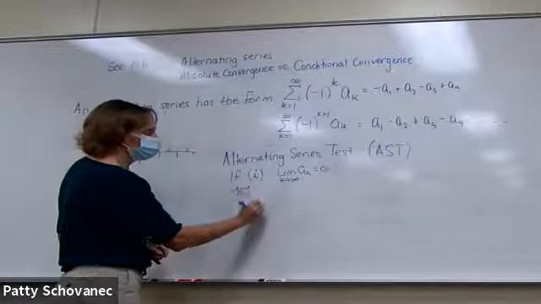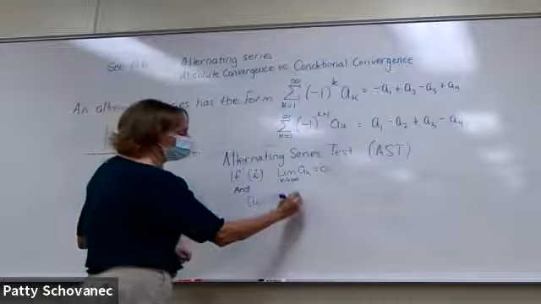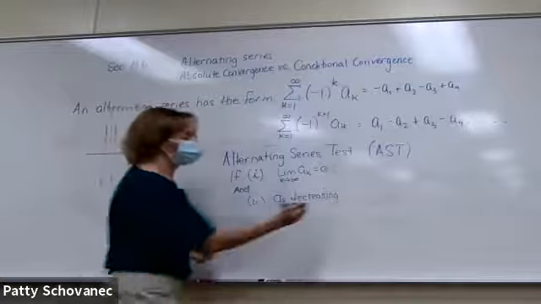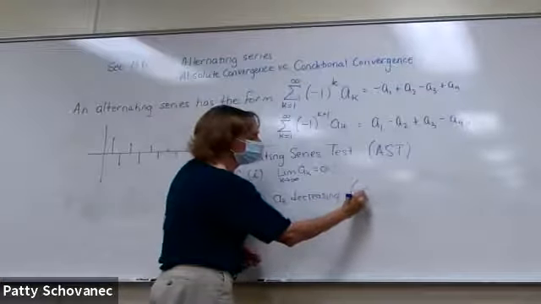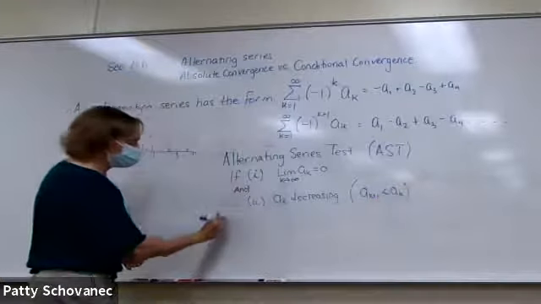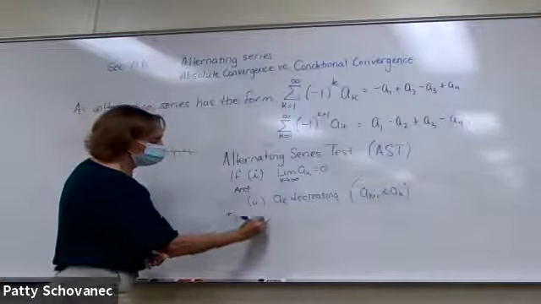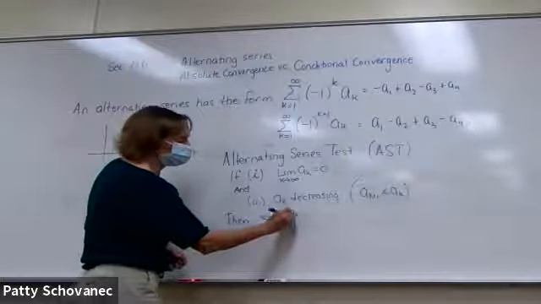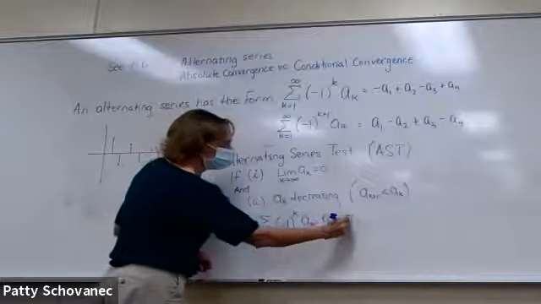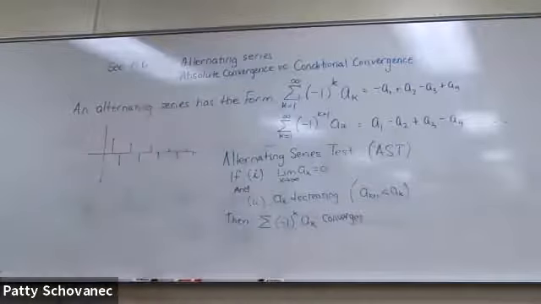Number two, the a_k are decreasing. One way of saying that is that a_(k+1) has to be smaller than a_k. Then the alternating series of either form converges. The non-alternating term has to go to 0, and it has to form a decreasing sequence of numbers.